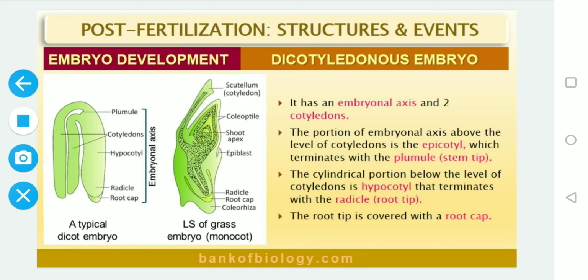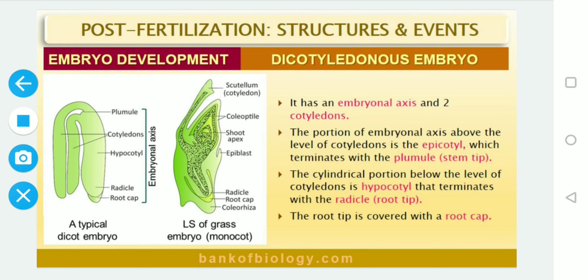You can just check it out. The structure, what will it contain? If you observe the dicot embryo first, there is the plumule, the cotyledons, that is two cotyledons, the hypocotyl below the cotyledons, and the radicle, which is surrounded by the root cap, isn't it?